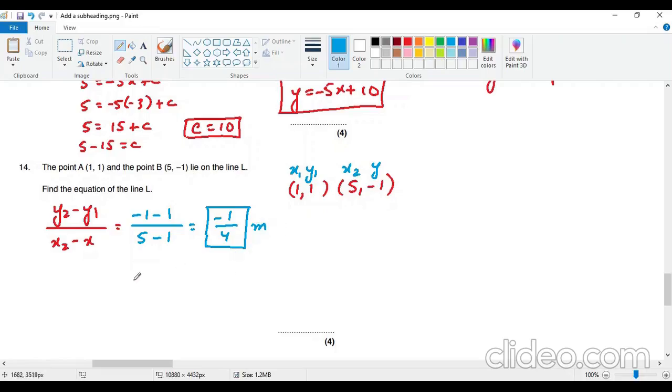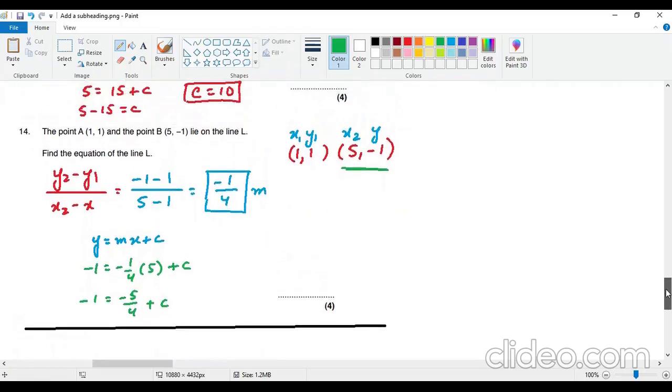Now we find the value of the y-intercept. Y equals mx plus c. I'm taking this as the reference point. So the value of y is minus 1, m is negative 1 over 4, and the value of x is 5. That's how we can find the value of c. So minus 1 equals minus 5 over 4 plus c.